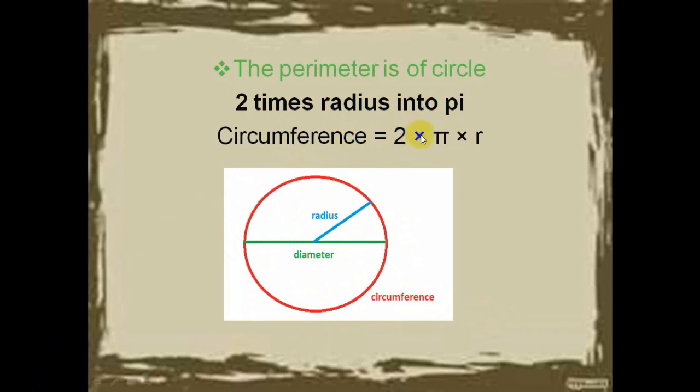Circumference is 2 times radius into pi, where pi is an irrational number, but the approximate value of pi is 22 over 7, or 3.14 something. So pi itself is an irrational number, but its approximate value 22 over 7, or 3.14, is a rational value.